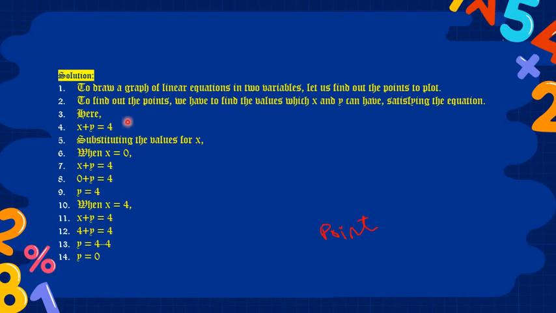To find the points to plot, we have to find the values which x and y can have, satisfying the equation. First we see which value will satisfy x and which value will satisfy y.